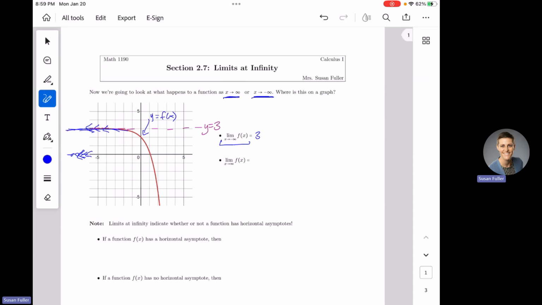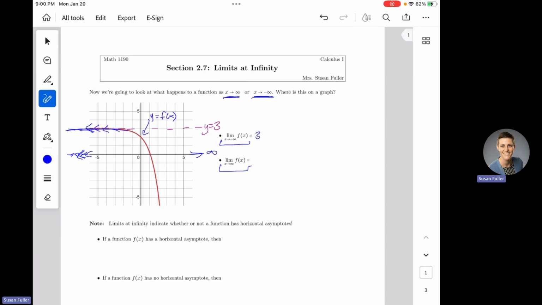Cool. So now what does this one say then? This is asking the limit as x approaches positive infinity this time of my function. Okay, where would x approach positive infinity? Where would an x value of positive infinity be? Yeah, it would be like way over here.